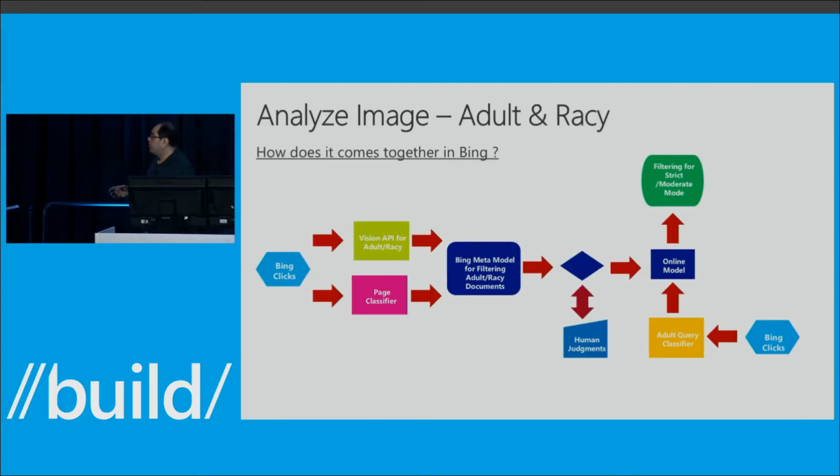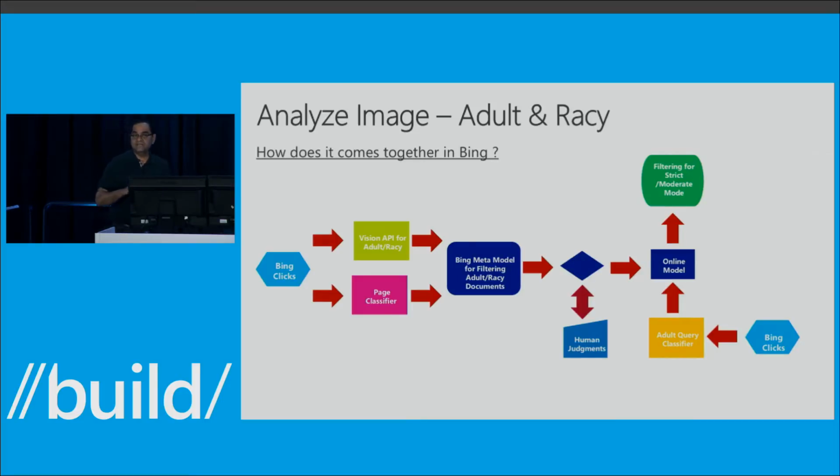Just to make this point, how do we do this in Bing? In Bing, we use the same image classifier, but we also know which page the images are on. So we know the page information, URL information, and domain information, and that gives us context of whether a particular image is adult. Then any image which is at the boundary of the threshold, we use human judges for that.